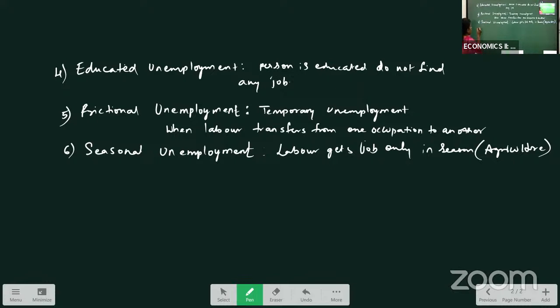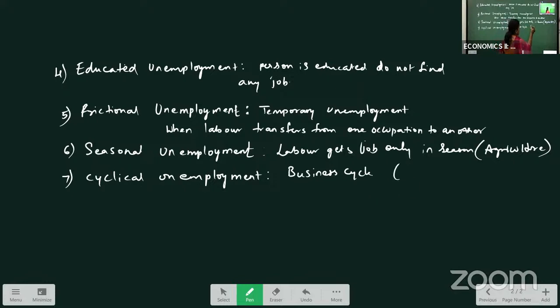The next one we have is cyclical unemployment. Cyclical unemployment depends upon the business cycle. The business cycle is what? We have inflation to recession. Cyclical changes will be there in the business. When business is in the growth stage, it creates employment.